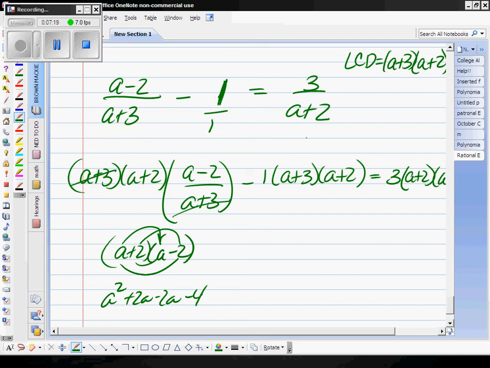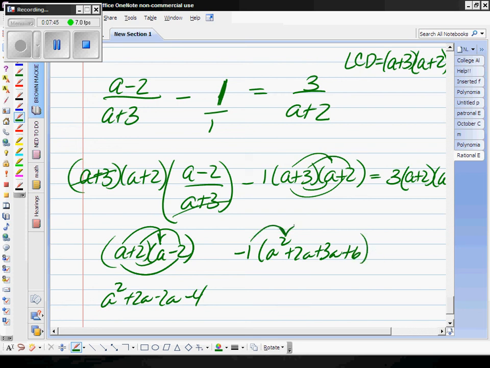And then over here, nothing cancels out, but I actually have to FOIL and then distribute. So that will actually give me negative 1 times, well, this is a squared plus 2a plus 3a plus 6.